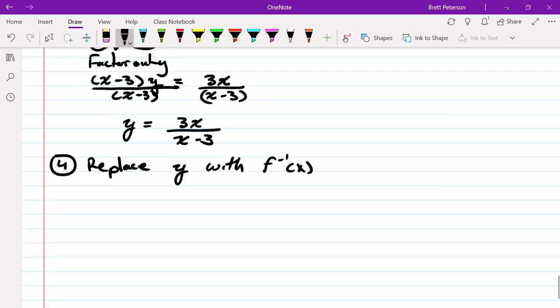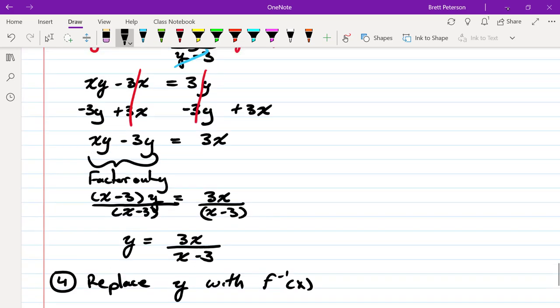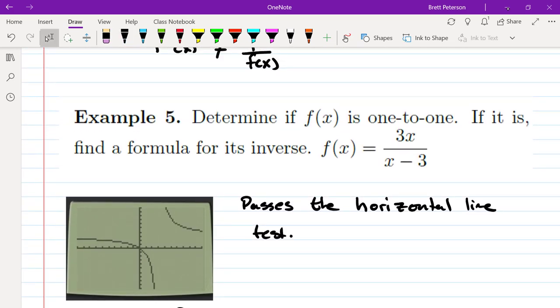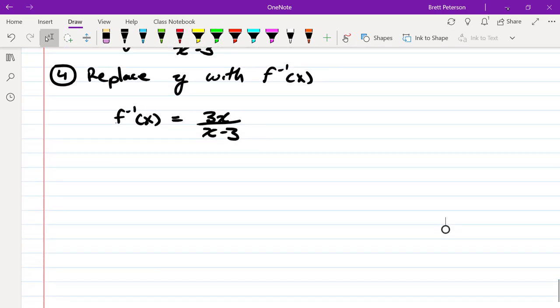So then our final answer is going to be f inverse of x is equal to 3x all over x minus 3. And you might be saying, well, hey, wait a minute, Professor Peterson. When I go back to the very, very beginning, that was our original equation, was 3x over x minus 3. So it does turn out that this function is its own inverse.